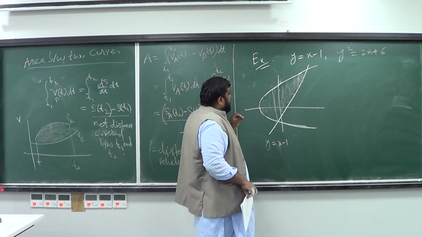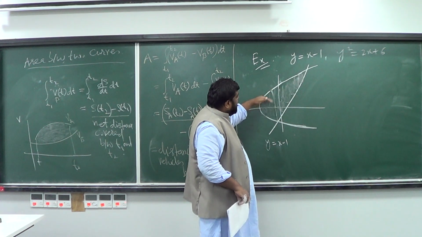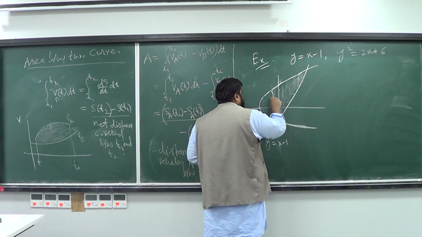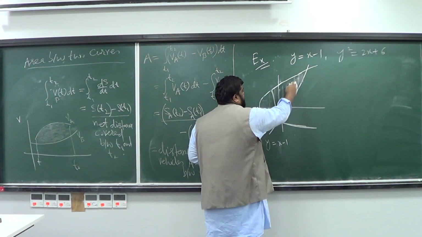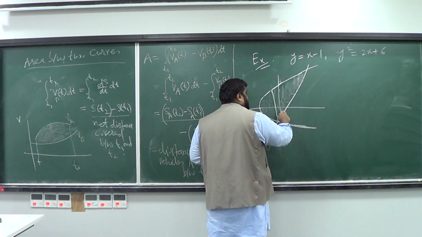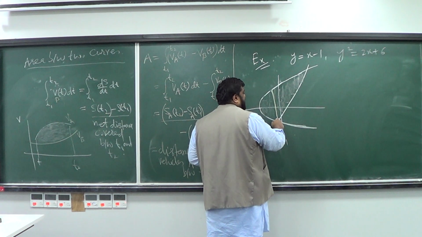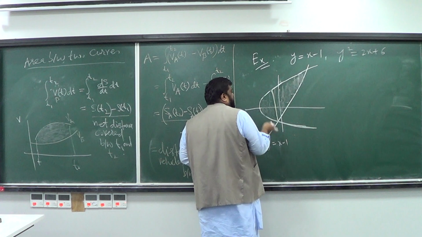From this perspective, there are two different kinds of regions that you have to deal with. First is this region, which starts from the parabola and ends at the line y equals x minus 1. And the second region starts from the parabola and ends at the parabola as well.